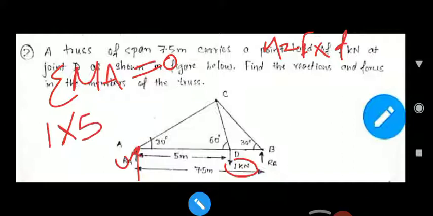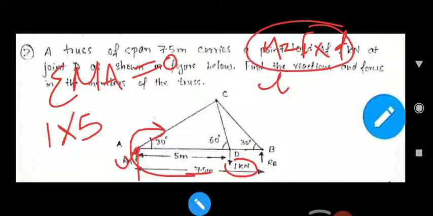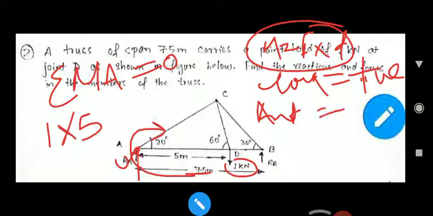And what is the nature of this moment? This force is imposing a clockwise moment. So let us assume that clockwise moment is positive and anti-clockwise moment is negative. Okay, so it is a clockwise moment, so it is a positive one.